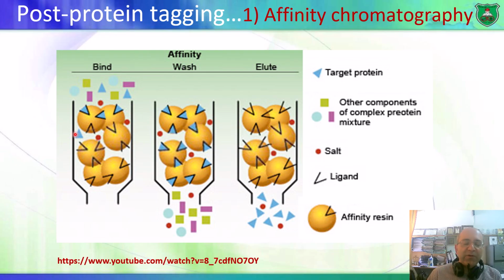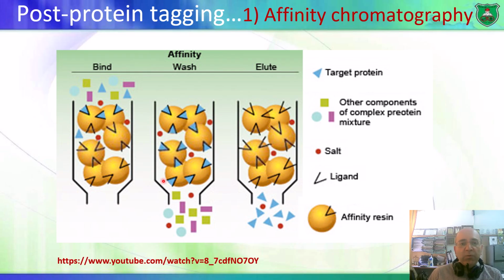We put the beads inside this cylinder, and we pass all proteins isolated from cells through this column. The protein that has affinity, that is strength of interaction, that can bind to the ligand would bind to the ligand, like the blue protein right here. All of the other proteins would pass out.